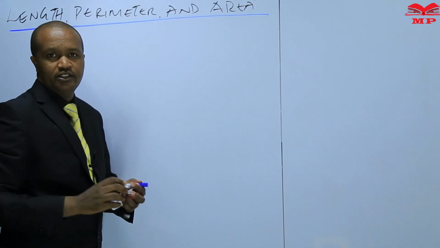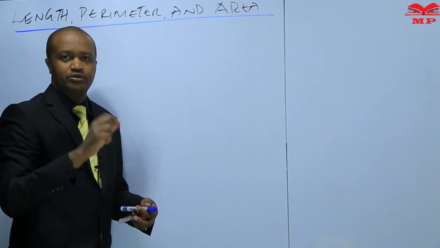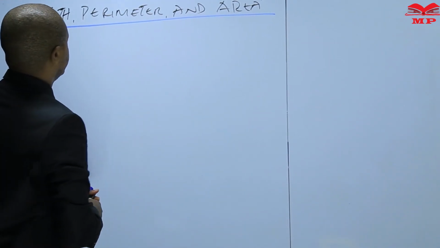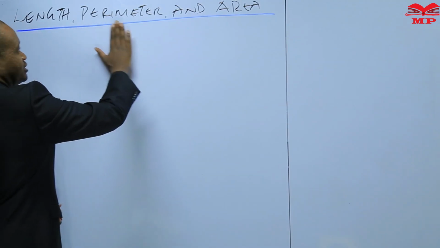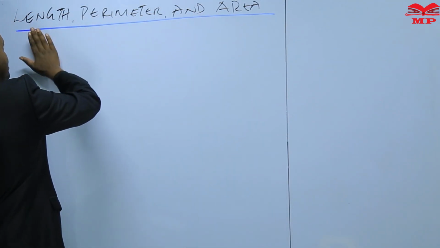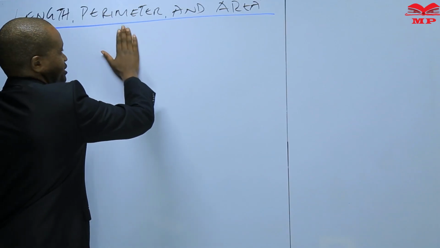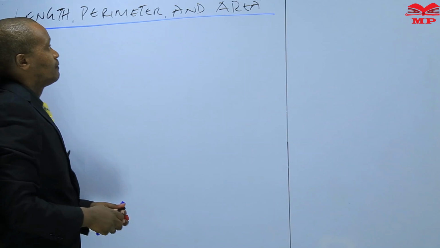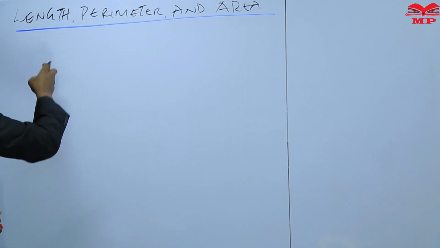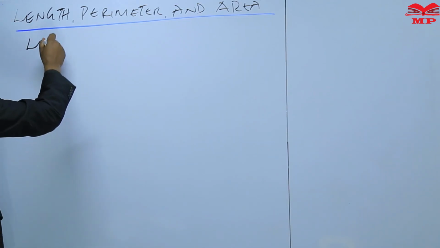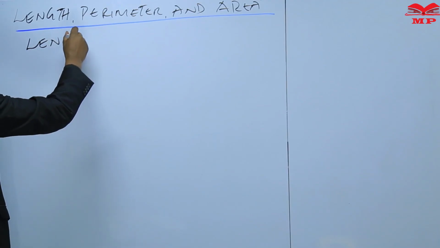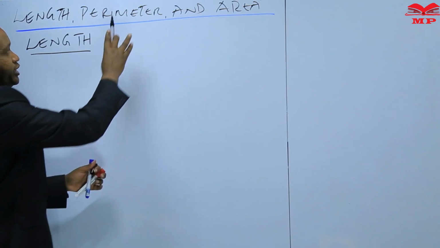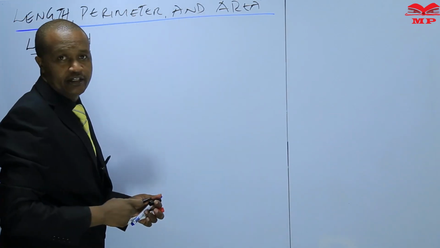You need to have your pens, an exercise book, and your pupils book. These are three things, learners: length, perimeter and area. We will begin by learning more about length, then we will move on to perimeter and area.